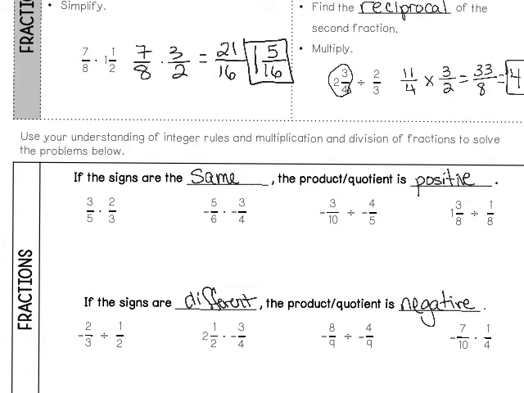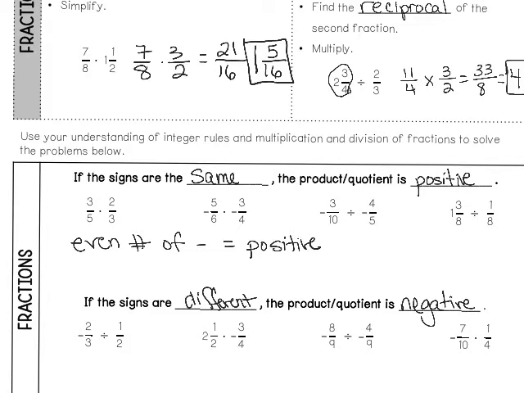Keep in mind the same rules apply from the first page as they do the second page, which means if there is an even number of negative signs, then the result will be positive.